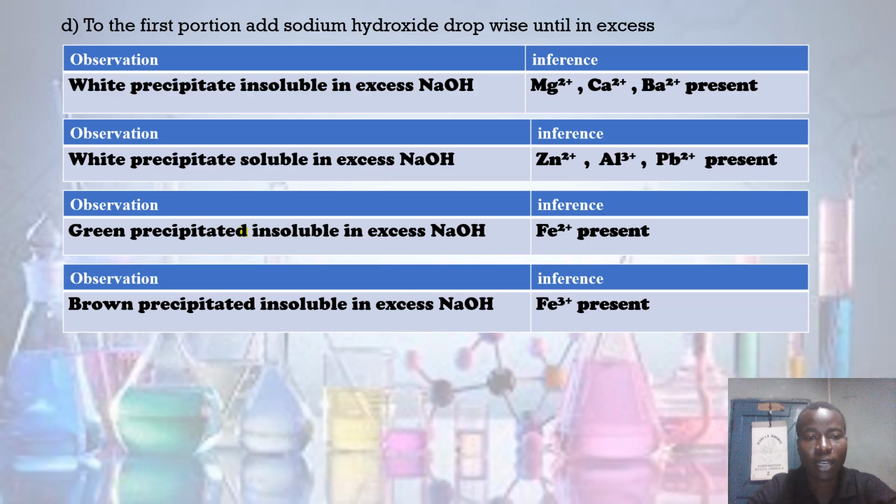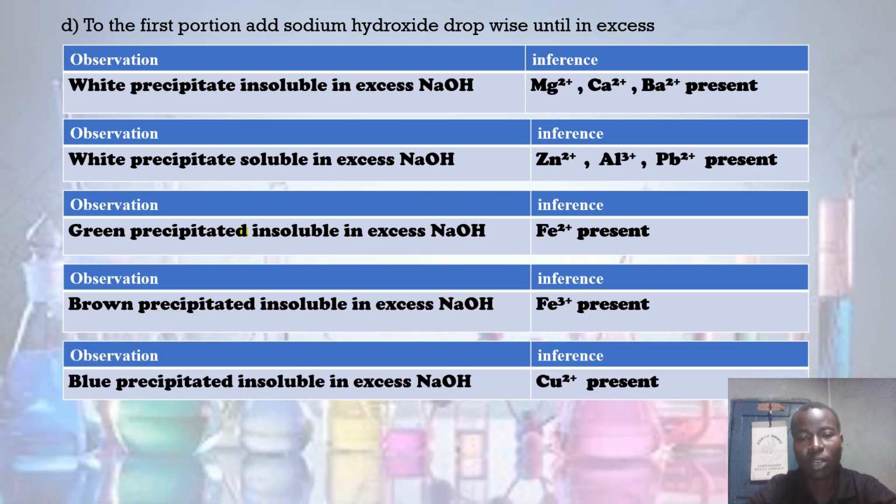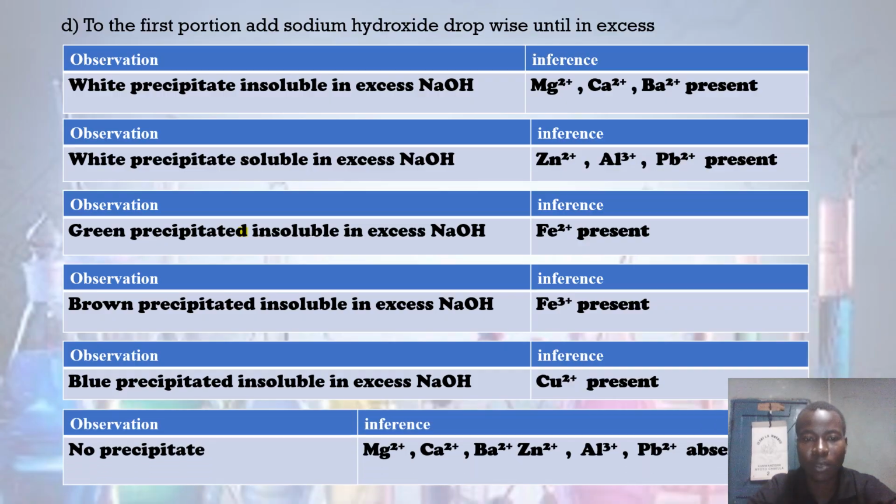If you have a brown precipitate insoluble in excess sodium hydroxide, iron 3 ions are present. Then we can also expect a blue precipitate insoluble in excess sodium hydroxide. It implies that copper ions are present.